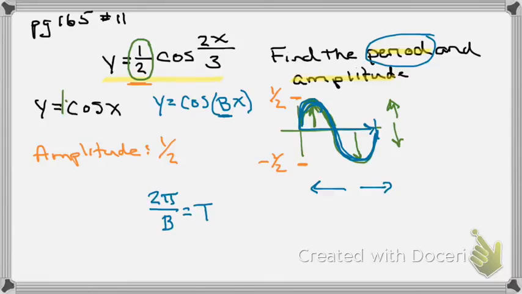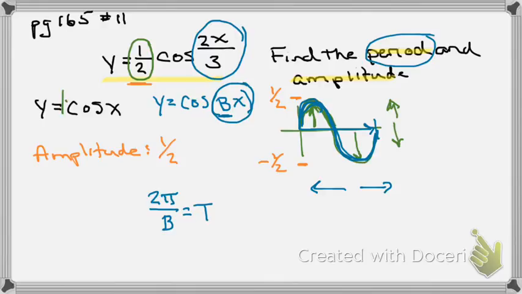And so it's that b value that's really condensing it. So the question is, when we go up into our function, y equals 1/2 cosine of 2x over 3, what is that b value? What's being multiplied by x? It looks weird because it's 2x over 3, so it almost looks like 2 is being multiplied by x, but then we have this over 3. So can I write 2x over 3 as something times x?